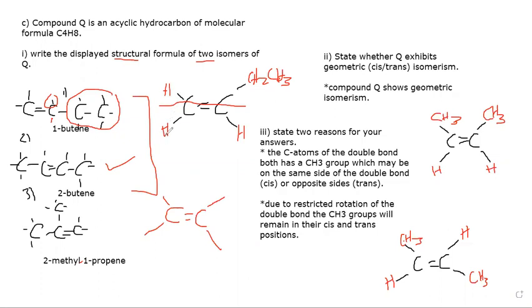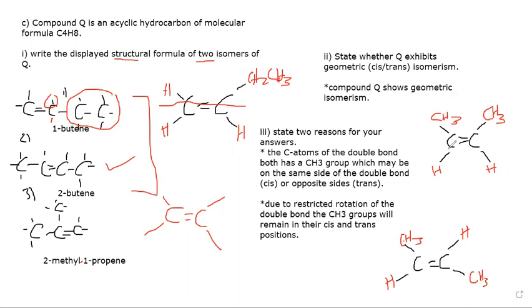And with cis trans isomerism, let me look at 2-butene so we can see the difference. If you look at 2-butene here, both carbon atoms of the double bond, none of them has the same atom attached.